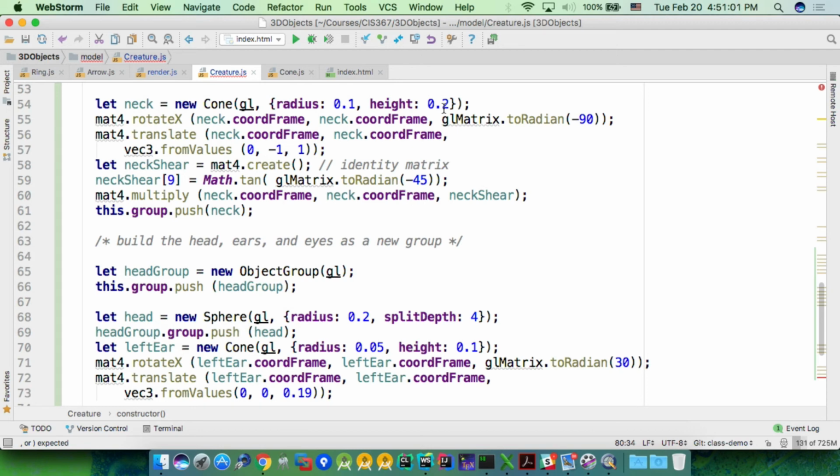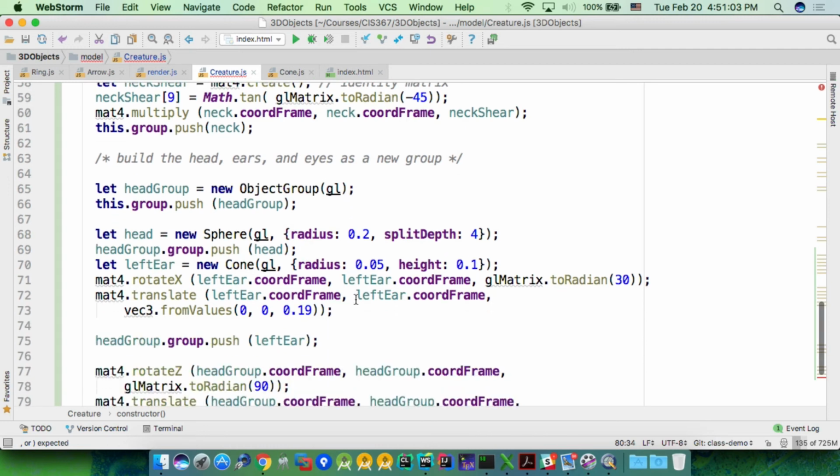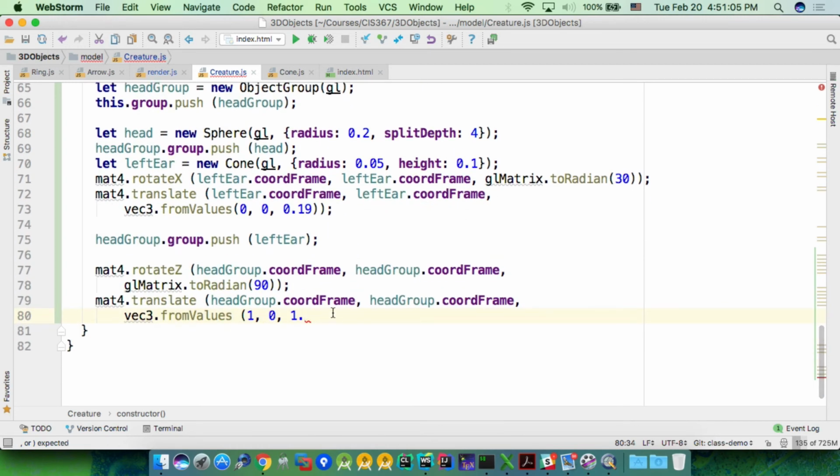So it needs to be at least 1.2 plus. 1.25. And then the x translation should be bigger than 1, right? Maybe 1.2. That'll put the edge of the sphere on the edge of the cylinder. 1.1 would put it 1.115 inside. Okay, let's try that.